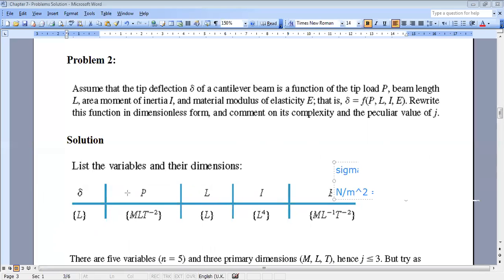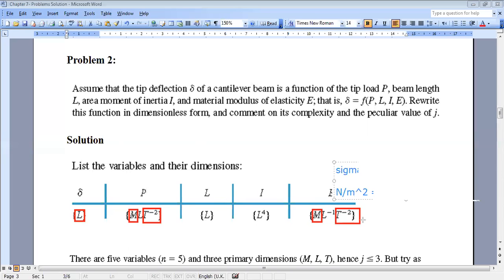Because the dimensions, as we said, are L, M, and T. But if you look at how they appear, you have L, but M is always with T minus 2 together. M is present in P and in E, and T minus 2 is present in P and in E, repeated in the same way. So here you have MT minus 2, and here you have MT minus 2.